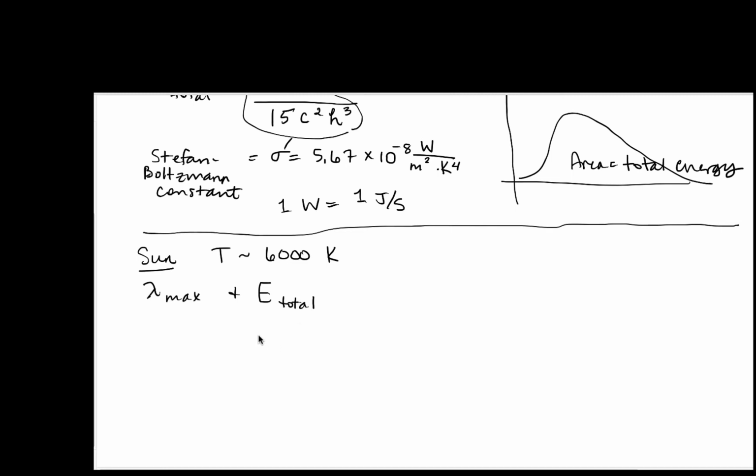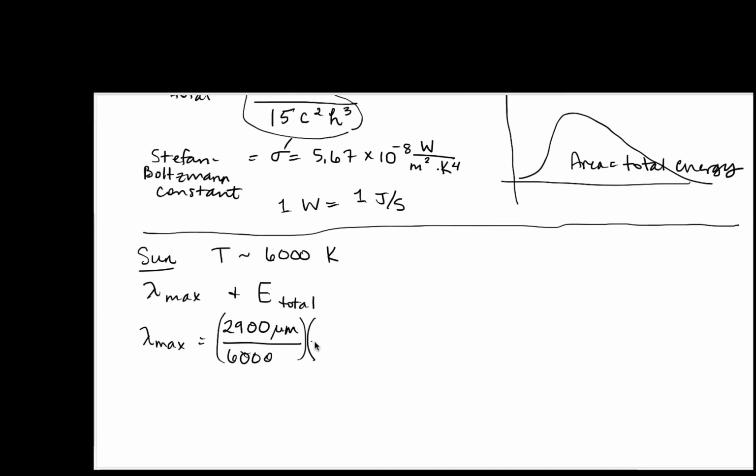I'm going to write these out, but I'd like you to pause the video before I do and calculate them yourself, and then you can check them with me in a moment. Okay, here goes. 2,900 over T, which is 6,000 Kelvin.